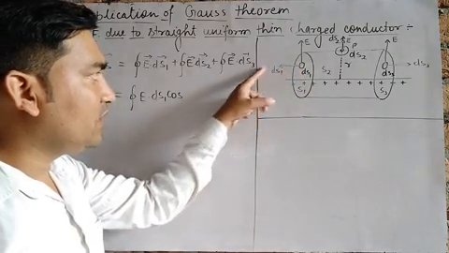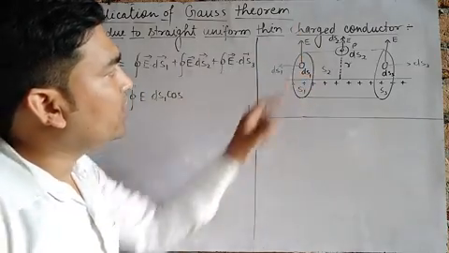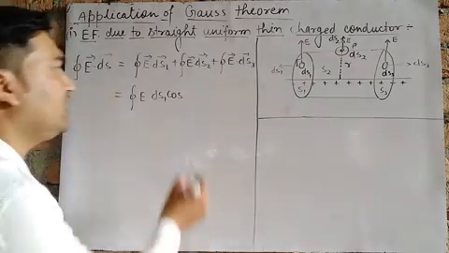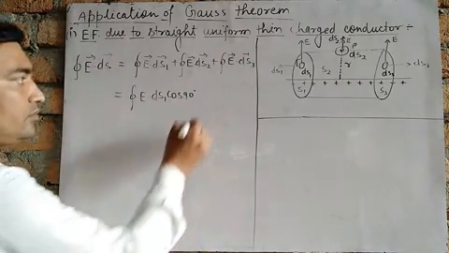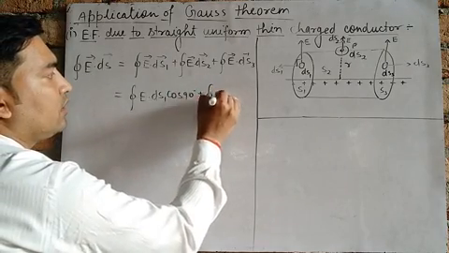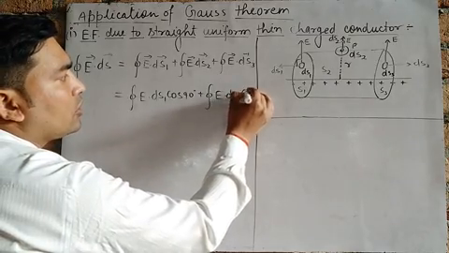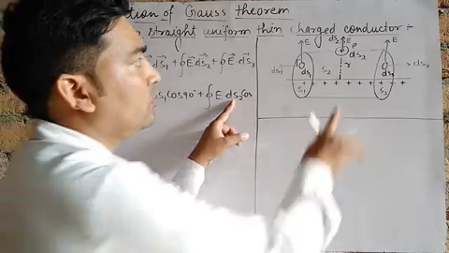The direction of ds1 is here, and the direction of the electric field is upward, so the angle between these two vectors is 90 degrees. The second term is E ds2 cos of the angle between E and ds2.